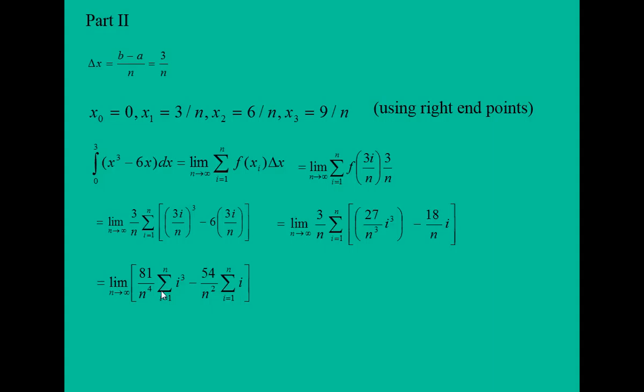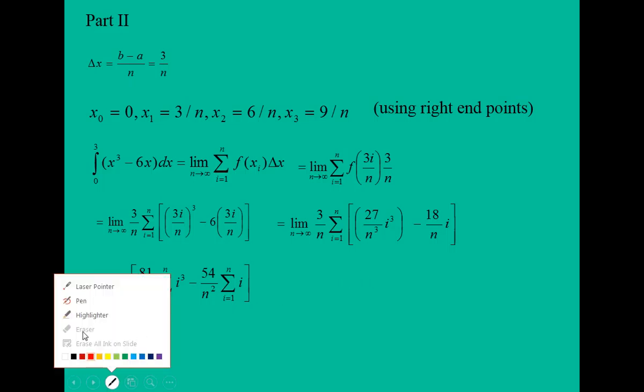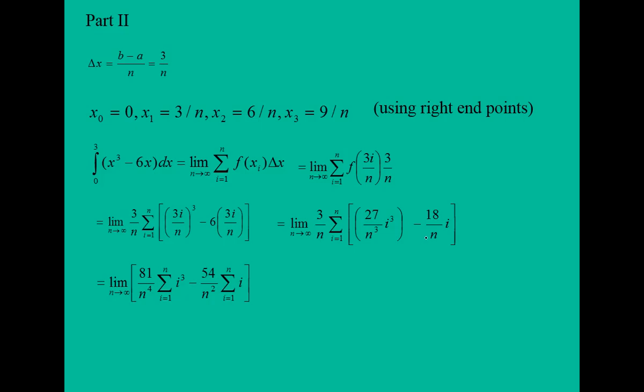Now, if you want to think about it this way, we're just taking this quantity right here and we're taking it out front because this is considered to be a constant, because we're looking at i going from 1 to n. So the only thing that's changing is i.